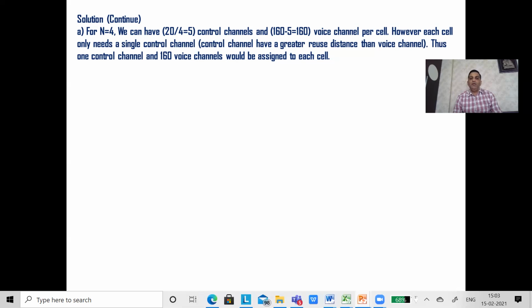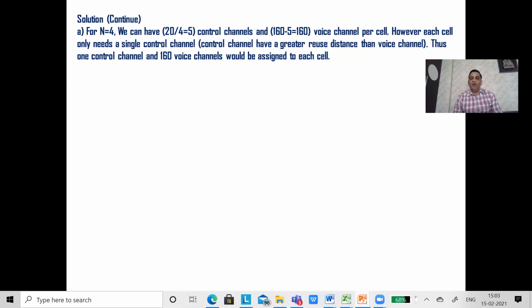That means every cell in N will have 5 control channels, and, sorry, here it is 165 minus 5, that is 160 voice channels per cell is the basic requirement for system A.